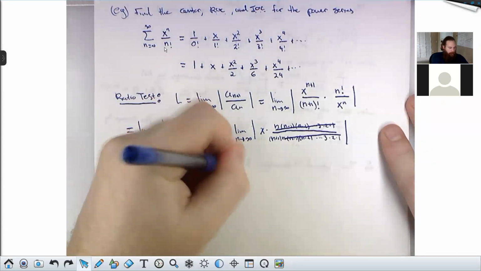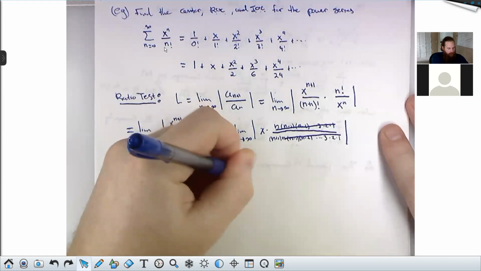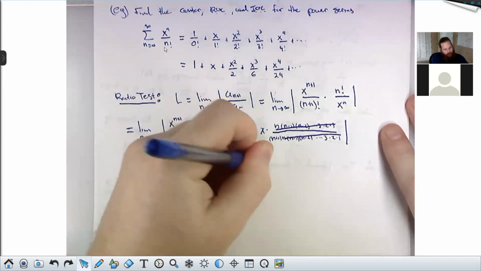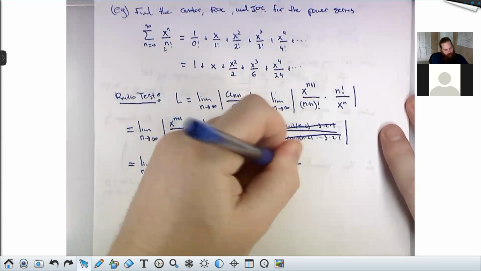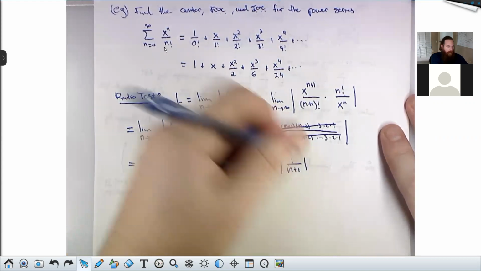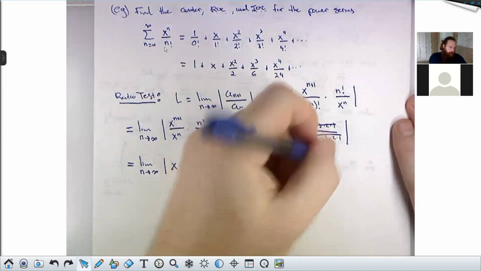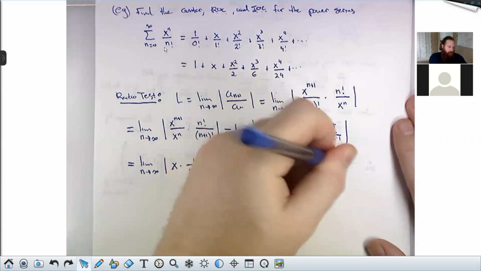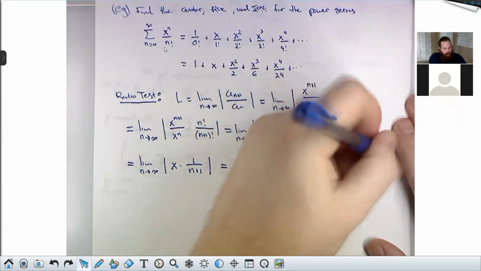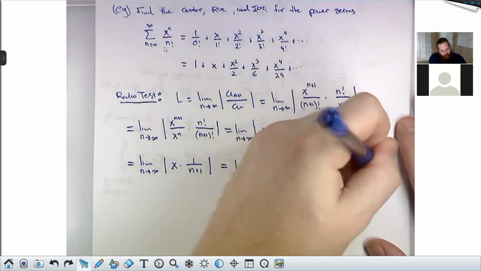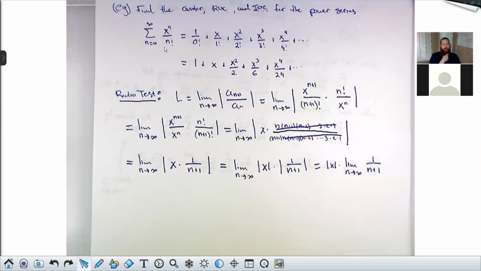I can split up the absolute values as absolute value of x times absolute value of 1 over n plus 1. I can bring the absolute value of x outside. And 1 over n plus 1 is definitely positive.